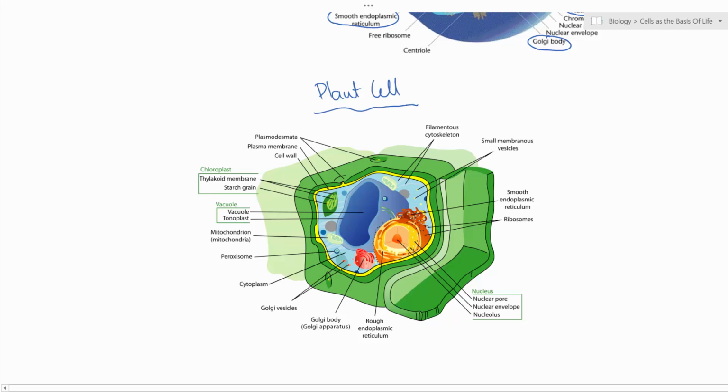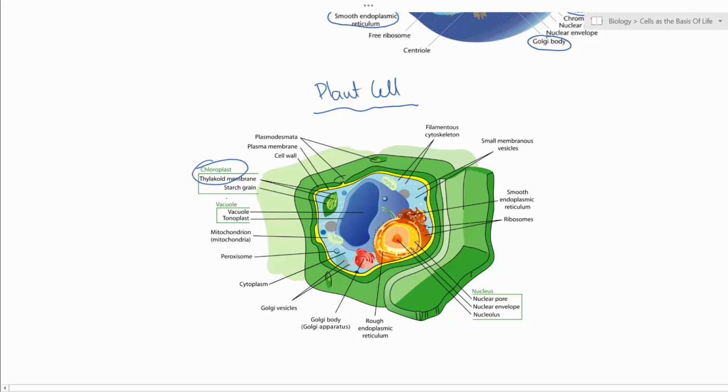So everything apart from the lysosome that I've mentioned above is found as well in a plant cell, except we see chloroplasts. Chloroplasts are unique to plant cells. The reason why they're unique to plant cells is because they are these photosynthetic organelles and they are involved in photosynthesis. So plants photosynthesize and animals do not. So plant cells contain chloroplasts, which are the site of photosynthesis.